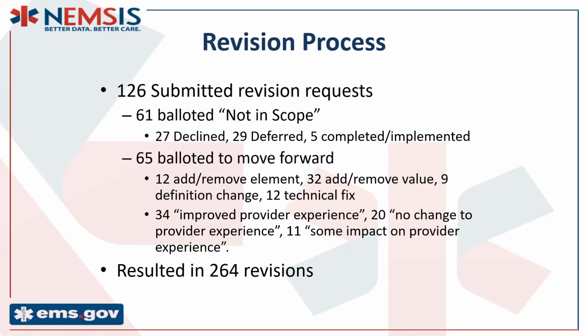Those requests were all balloted. 61 of those 126 were balloted as not in scope for this revision process. 27 were just outright declined, were just changes that were not going to happen. 29 were deferred. That means that they were kind of futuristic approaches to the NEMSIS standard, so they would be deferred to a future release.